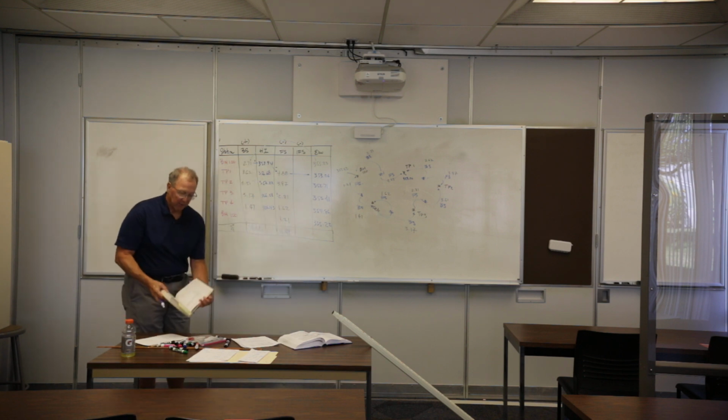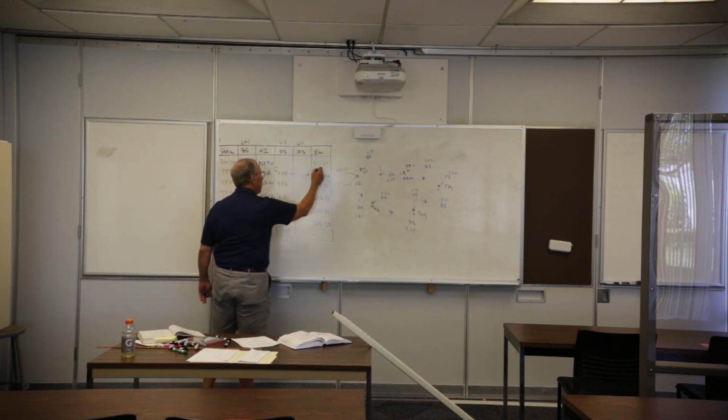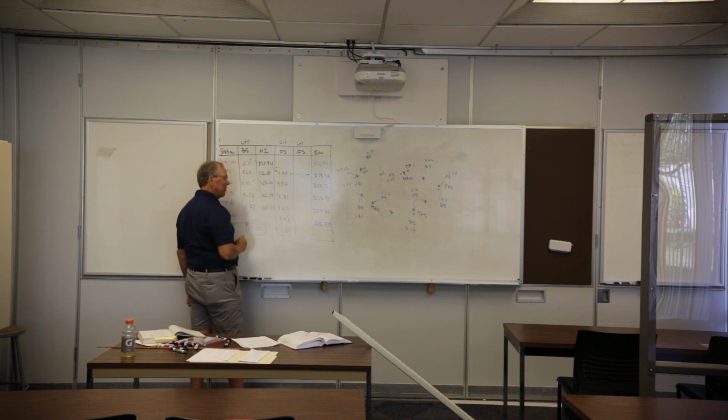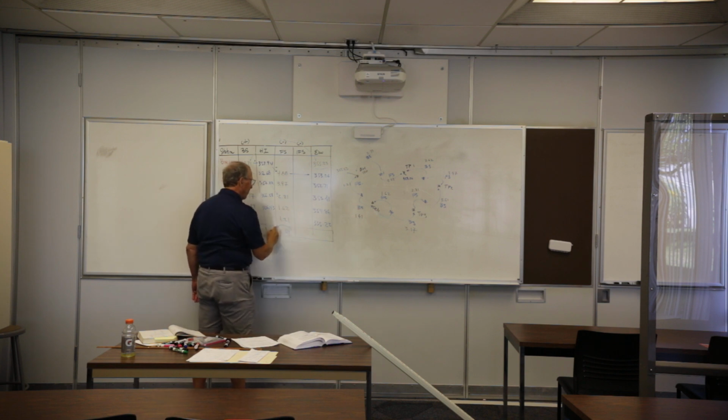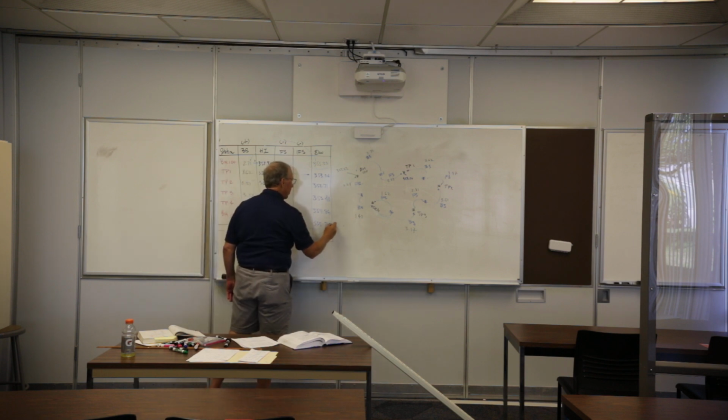And what I said a little bit ago, if you take the beginning elevation, you add the sum of the backsights, you subtract the sum of the foresights, you should get the ending elevation.